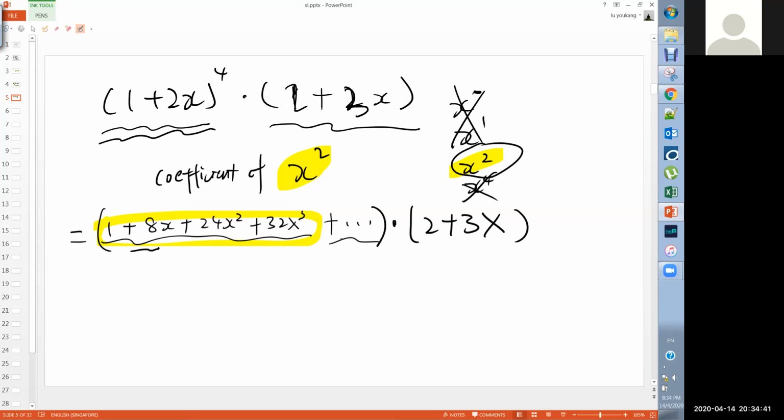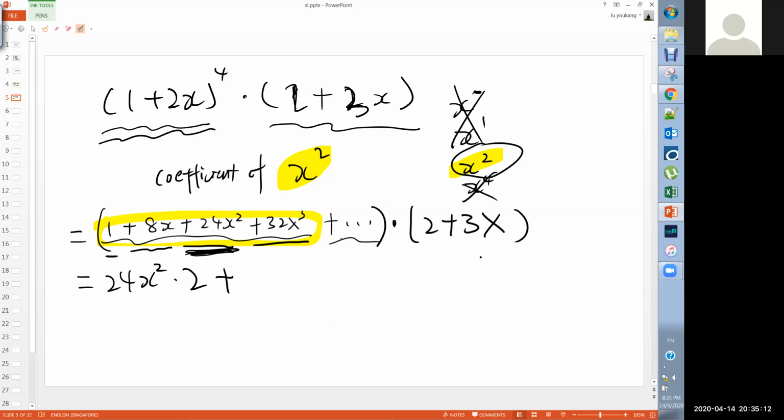Basically I underline first, so it's easier for you to see. 8x times 2, the question also is not interested, because the question only wants x squared. But 24x squared times 2, the question wants this. So I note down this. Continue. 32x to the power of 3, don't want, so ignore.